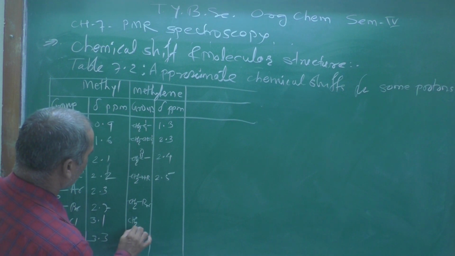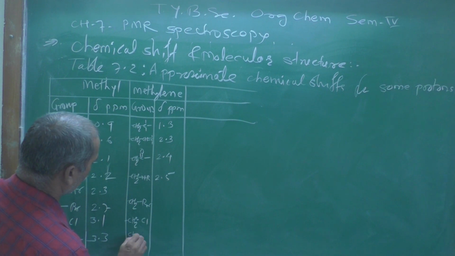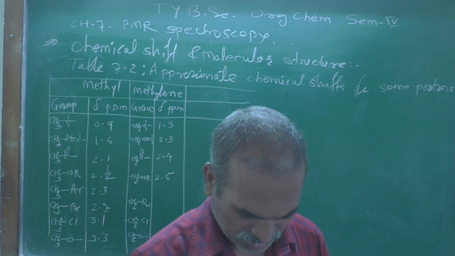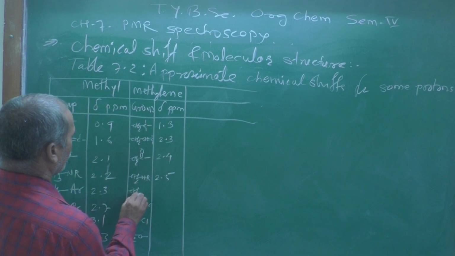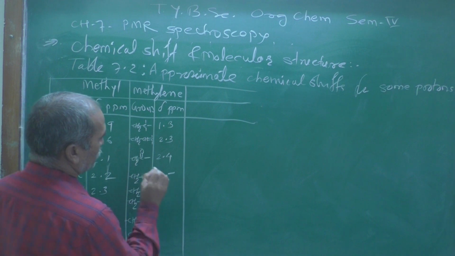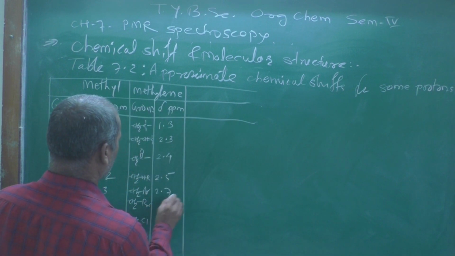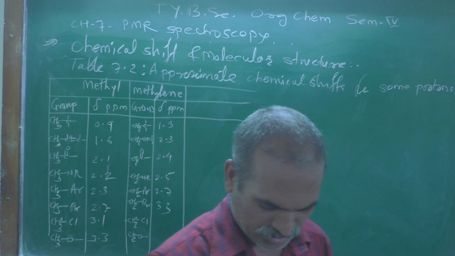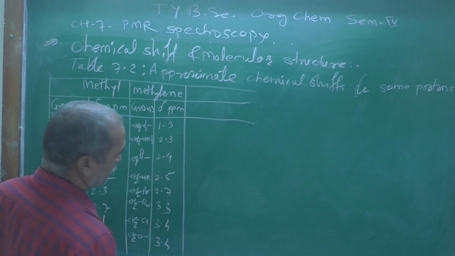Then CH2 attached to chlorine, then CH2 attached to oxygen atom, and their chemical shift values are found to be, sorry, here one more is remaining, CH2 further attached to aromatic is 2.7, then 3.3, and another one 3.4, and 3.4. Here 3.4 and here also 3.4.